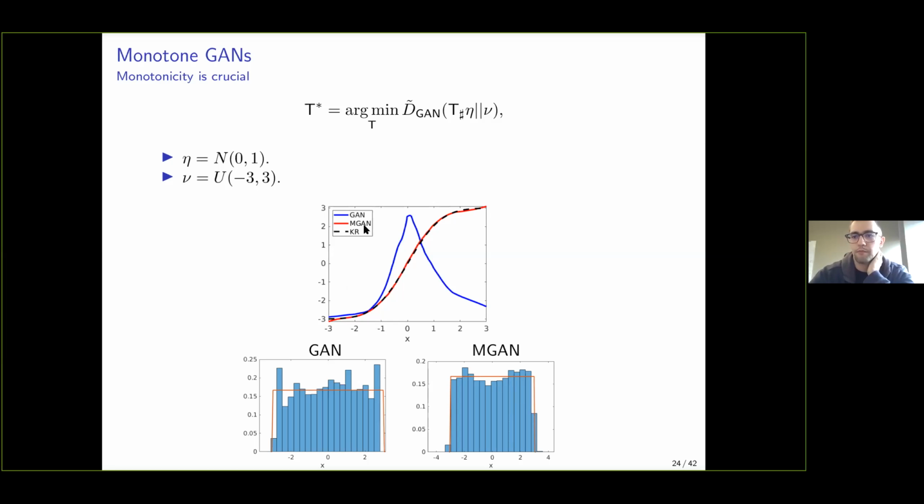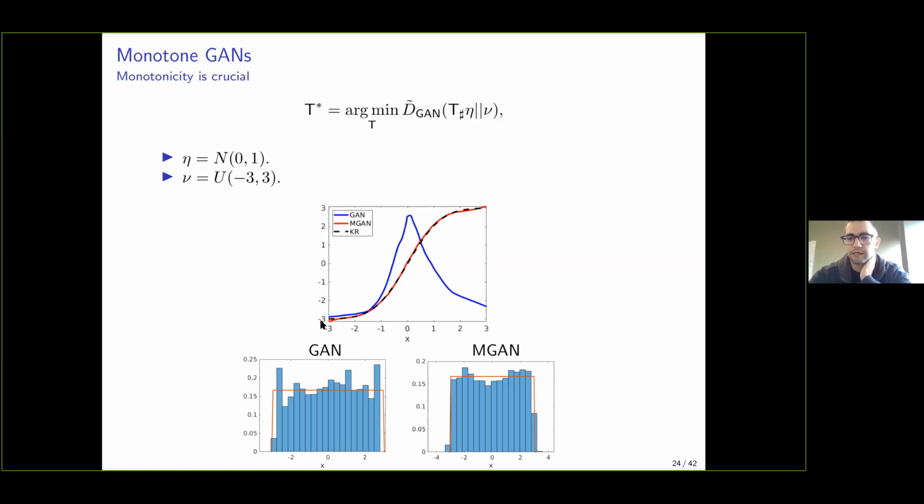We train the monotone GAN, which I'll call M GAN from now on. And then we can write down the KR map for this exactly as well. If you just look at the maps, you can tell that the GAN itself is not monotone. So it's not an invertible map. It's not respecting the monotonicity by itself. But the M GAN is actually monotone, and it seems to approximate the KR map.